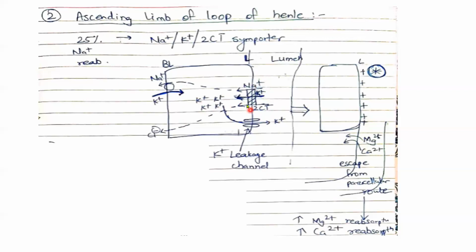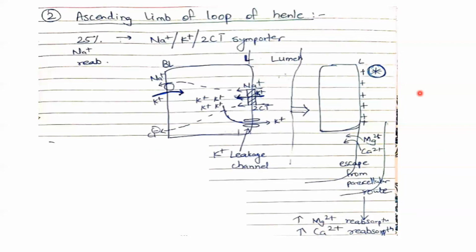This is a transporter present, and because potassium is present here, this is positively charged, and reabsorption of magnesium and calcium is happening here. So this is the story at normal circumstances of the ascending limb of loop of Henle.